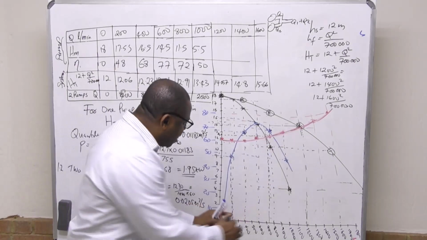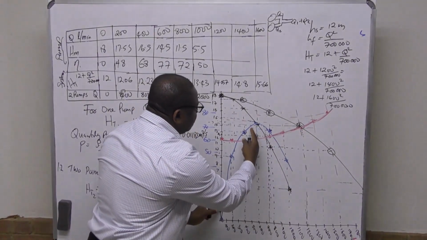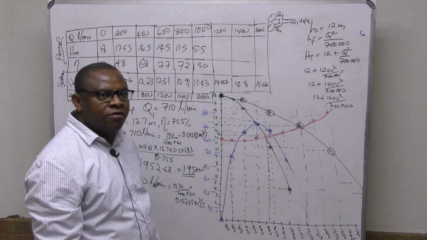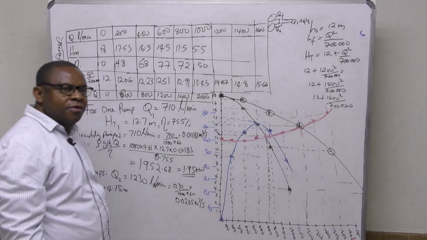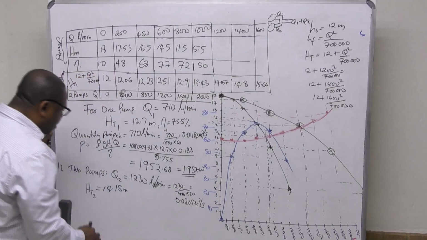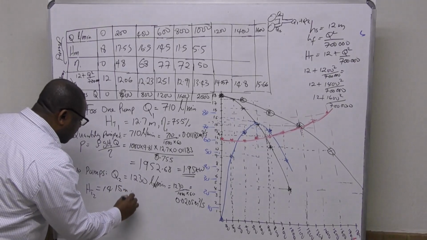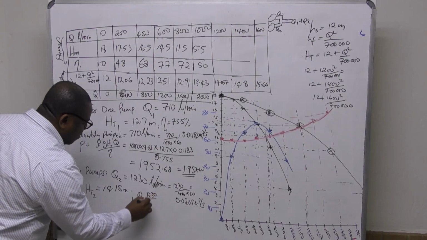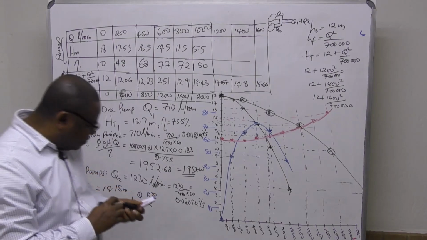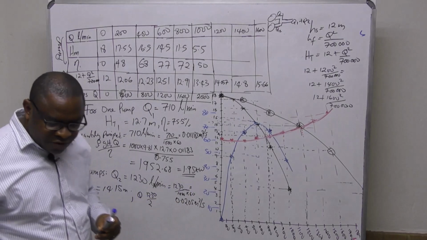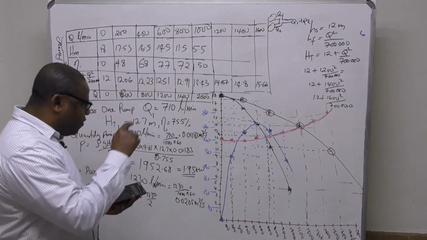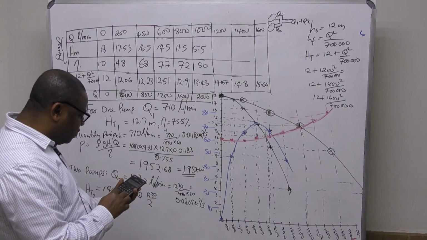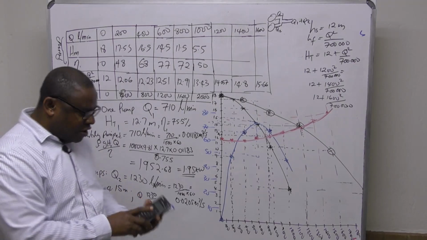When you divide by 2, it comes within here, where you can match it with the efficiency curve. So I'm going to take 1230 divided by 2, just to see how much will be the contributing flow for that operating point, and I'll use that to get the efficiency. 1230 divided by 2 gives about 615.